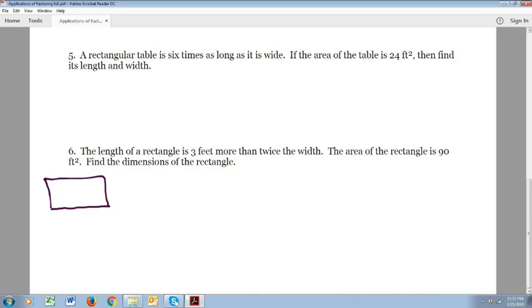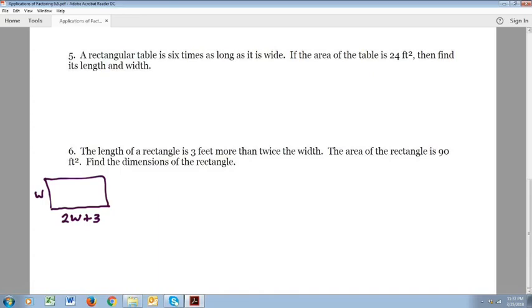There we go. So this is W, and the length is 3 feet more than twice the width. So twice the width, that would be 2W, and we want it to be 3 more than that. So you can see our length here is 3 more than twice the width, 2W plus 3.